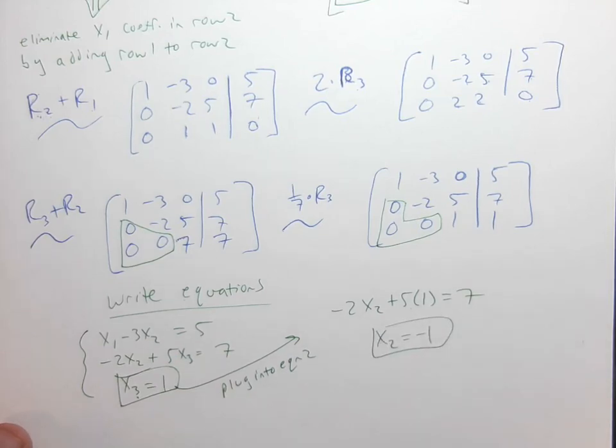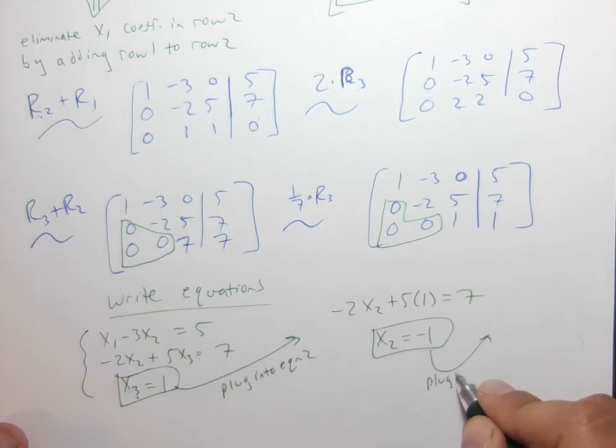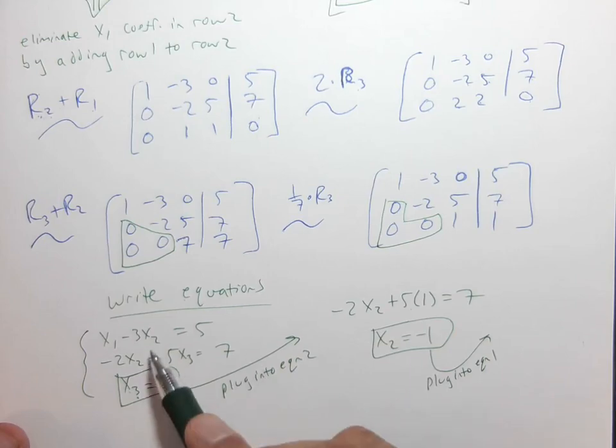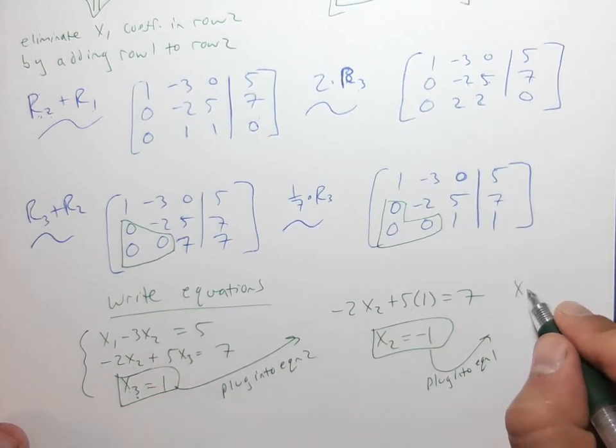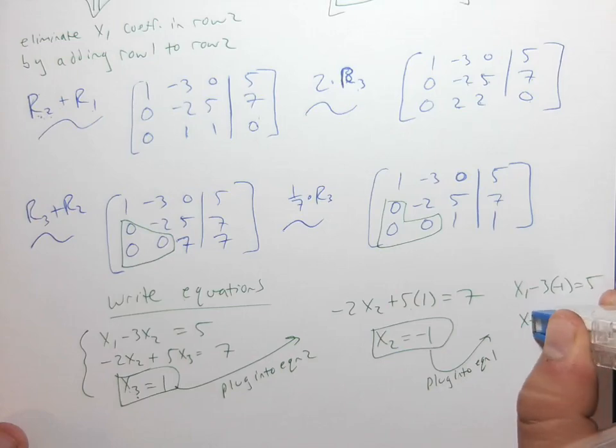So that's the x2 value. And then we can take either one of those, whatever is needed to plug into equation 1 to get the other variable. So when I plug that into equation 1, we get x1 minus 3 times negative 1 equals 5. We easily get that x1 is 2.